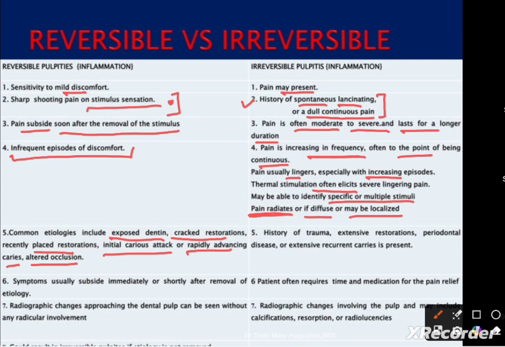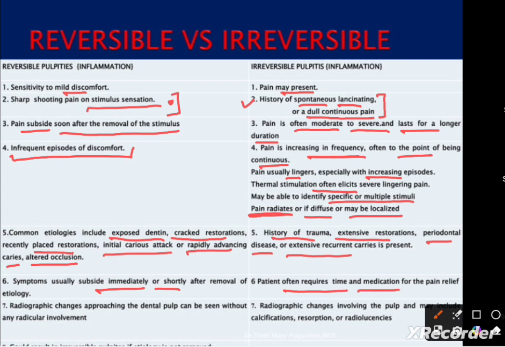Whereas in irreversible pulpitis, the etiologies are history of trauma, extensive restoration, periodontal disease, extensive recurrent caries. Symptoms involving reversible pulpitis usually subside immediately or shortly once the stimulus is removed, whereas in case of irreversible pulpitis, patient often requires time and medication for the relief of pain.